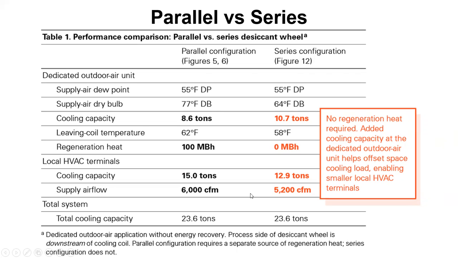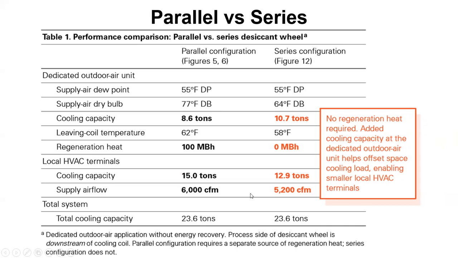Then they show the cooling capacity of that airstream, and I'm not sure exactly how they're calculating that, but they don't really talk about it. They're giving the parallel configuration 8.6 tons, but because the series is colder, it's worth 10.7 tons. The leaving coil temperature is 62 on the parallel and 58 on the series.